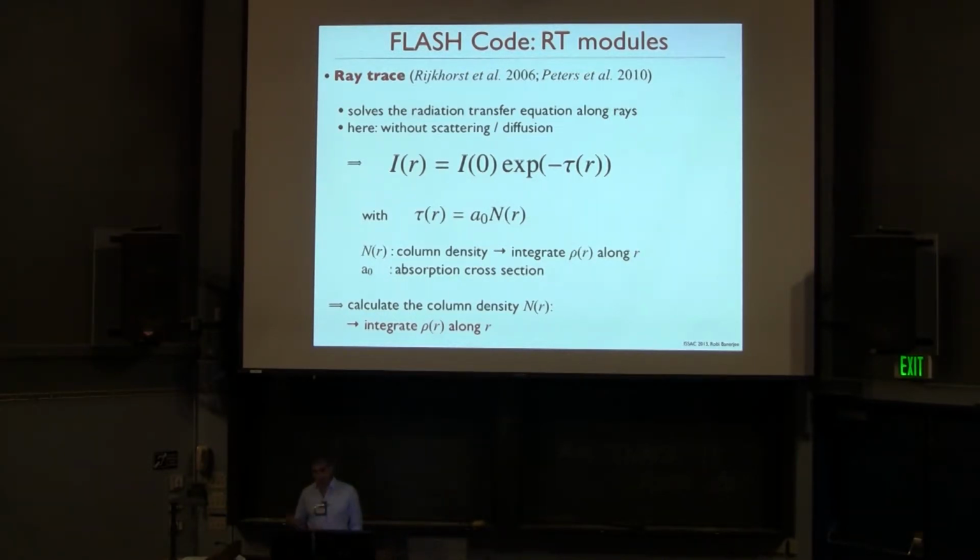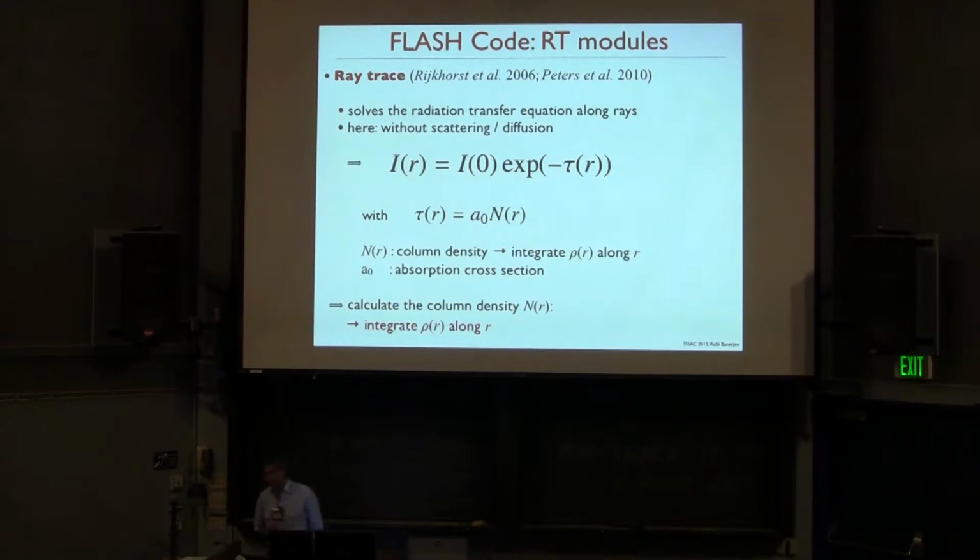So this is the opposite approach, if you like. You solve your radiation equation along rays, neglecting exactly these effects of scattering and diffusion. And then obviously your radiation transport equation gets very simple. It's just an exponential damping of your initial intensity, and the damping is done by the optical depth.